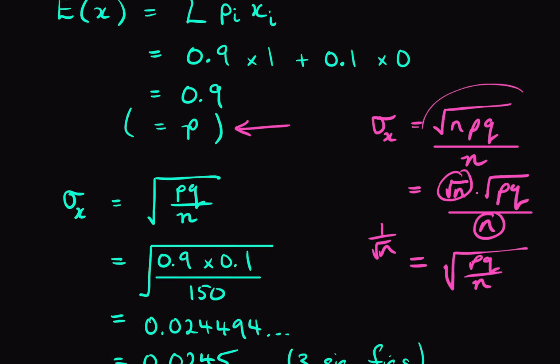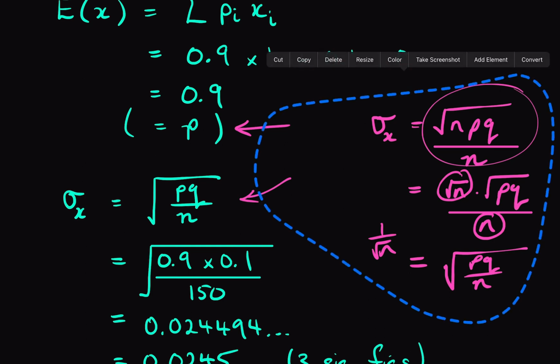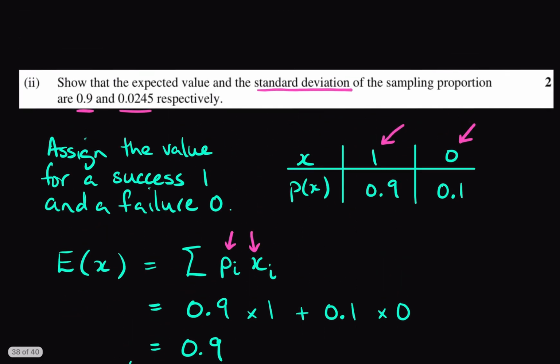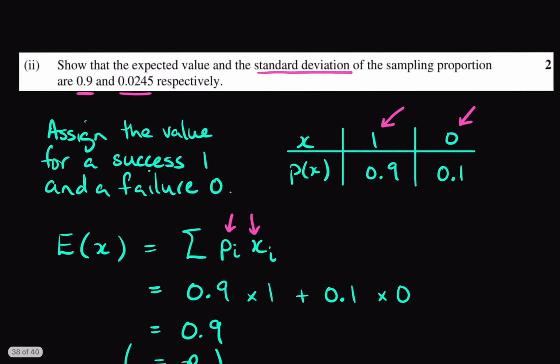So either this version or this version down here are perfectly fine to use. The one I've taught is the one on the left-hand side, which is why you can see that written there. Okay, so substituting in our values for P, Q, and N, we can get the required standard deviation of the sampling proportion.